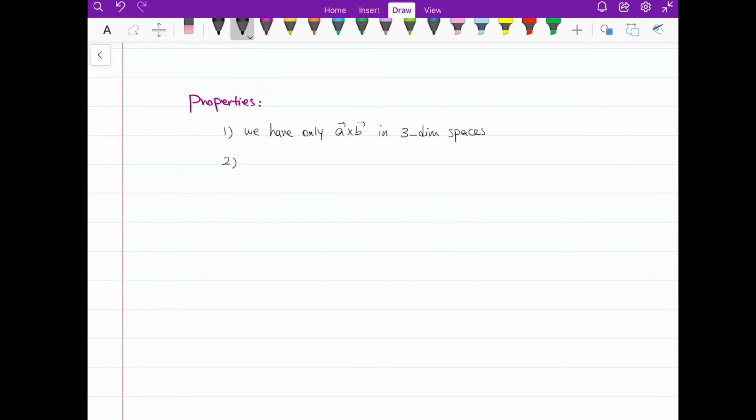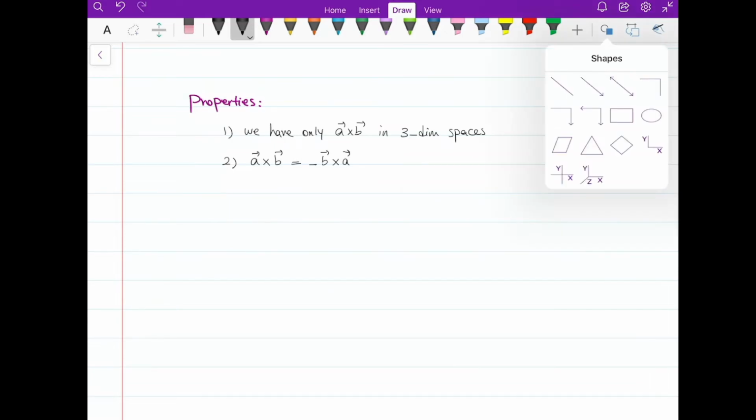The second property is that it's not commutative. A cross B is not equal to B cross A. It's actually the negative of that. Why? It's just because of the shape.